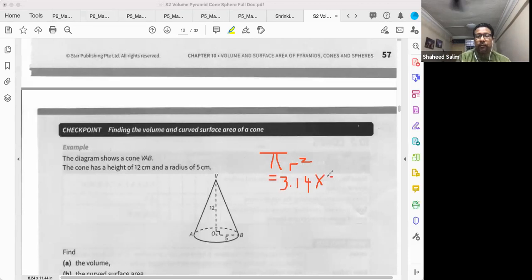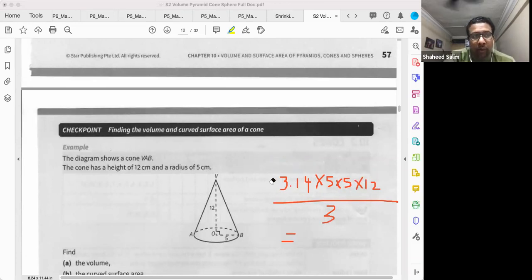Times 5 times 5. And then after that, you get the answer. What do you do? You times by 12. And then what you do? You divide by 3. Finish. That's it. You'll get the answer. Okay, I'm giving you the formula down here. You must be able to do it.